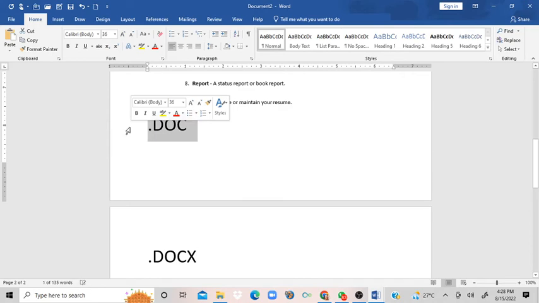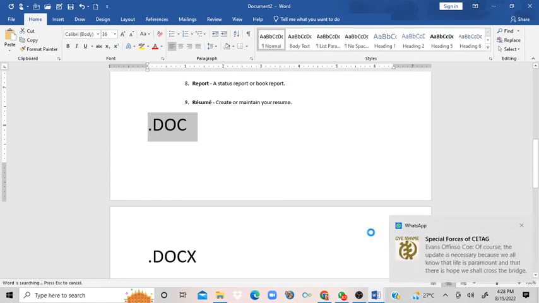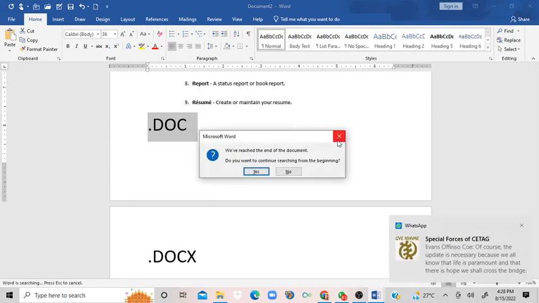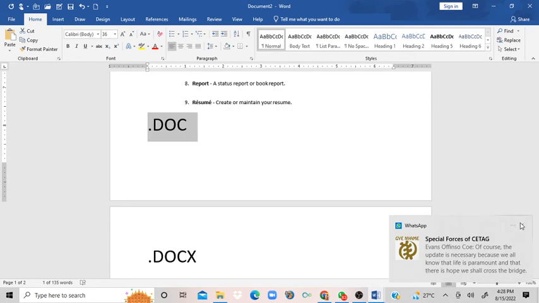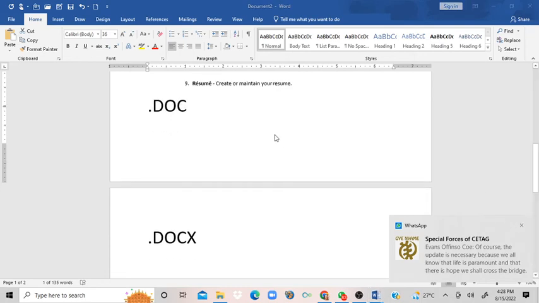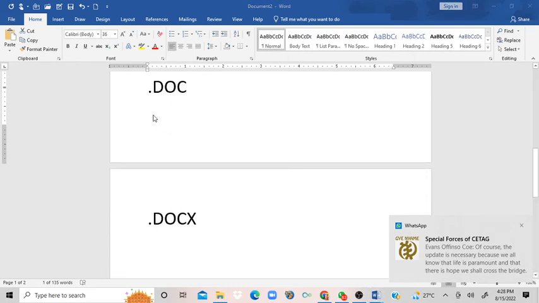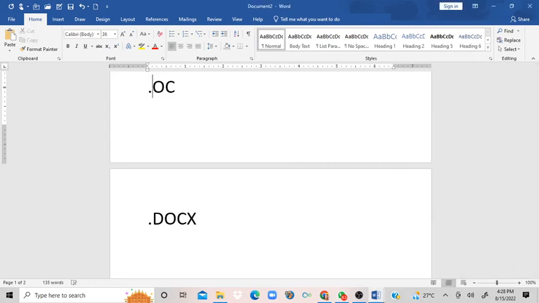That is the file extension. If you create anything using Microsoft Word, in the old versions of Office, you see .doc. Sometimes it's also in lower case like this. But in the current Office, you will see .docx.